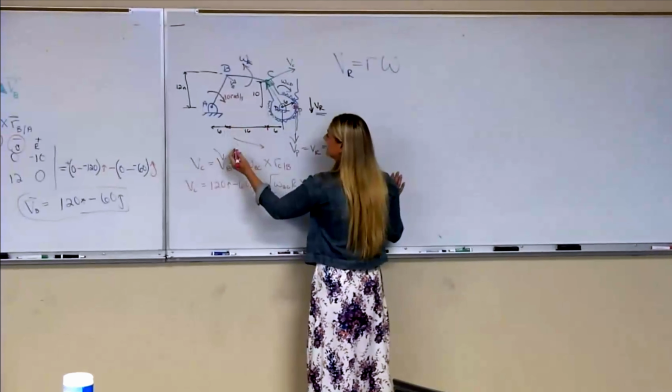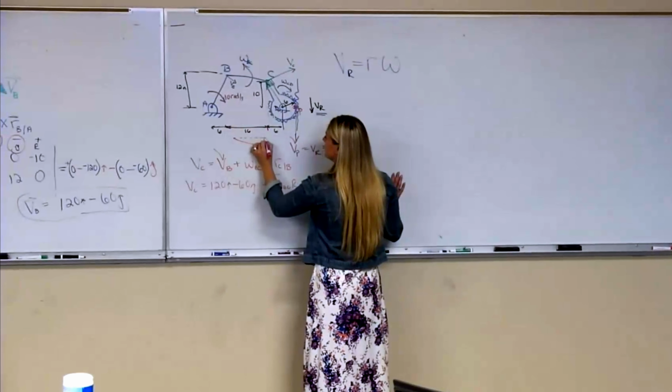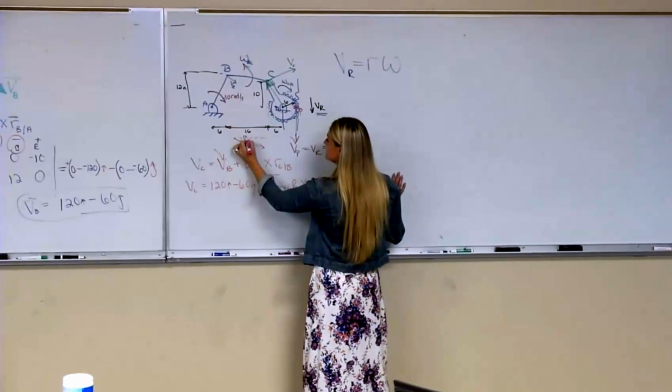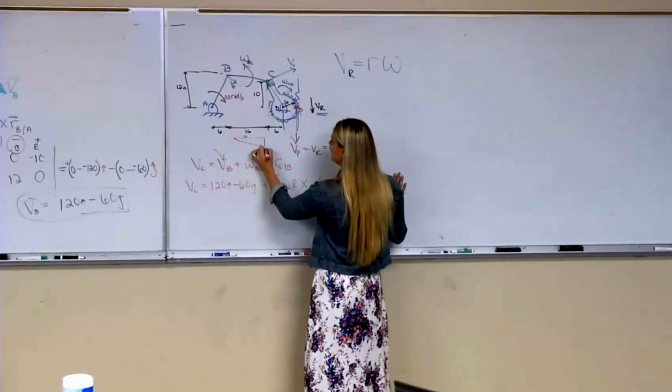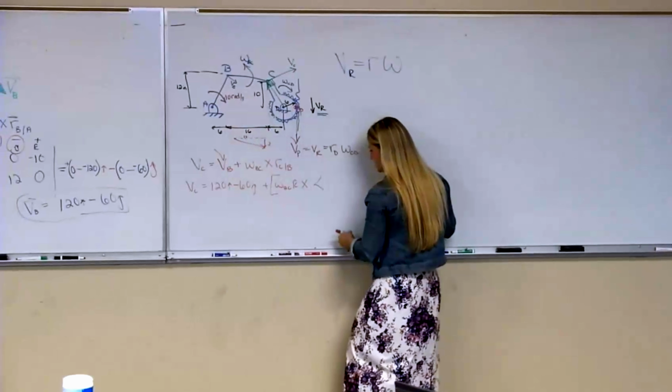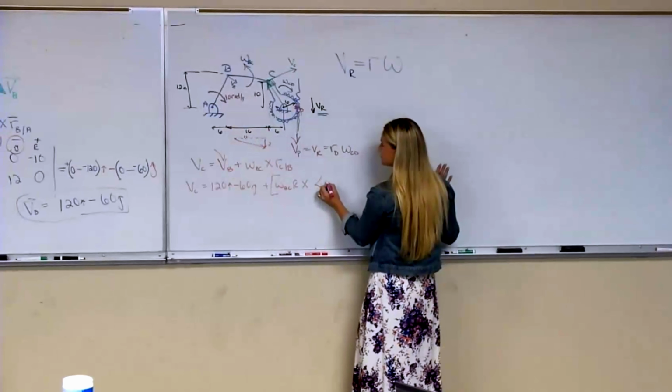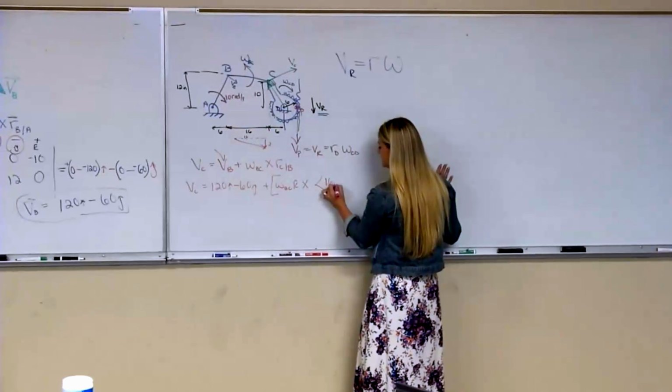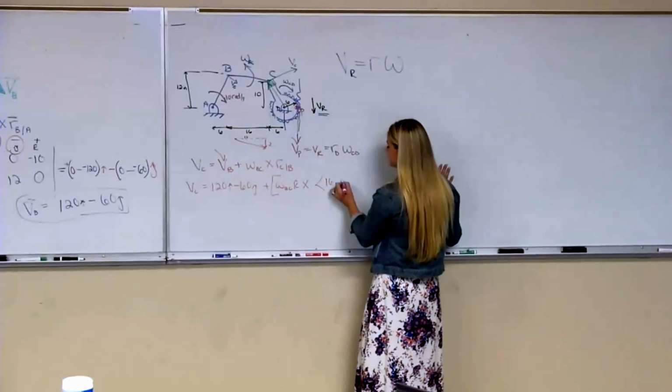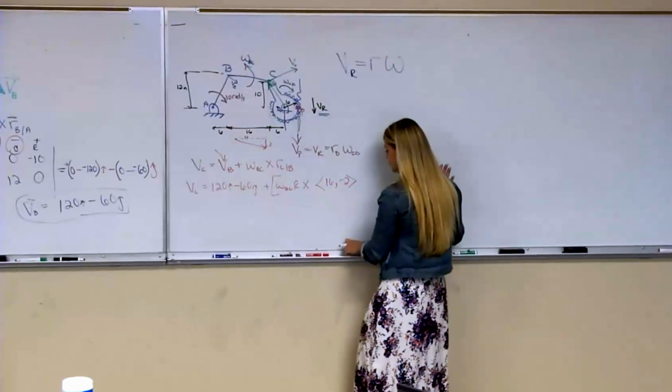It does have a slant to it. So it is 16 units across and 2 units down. So this is going to be in the X direction, positive 16. In the J direction, it is negative 2.